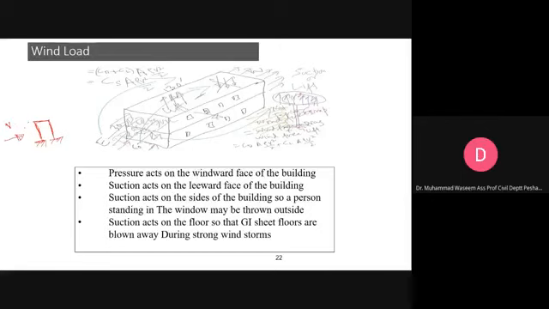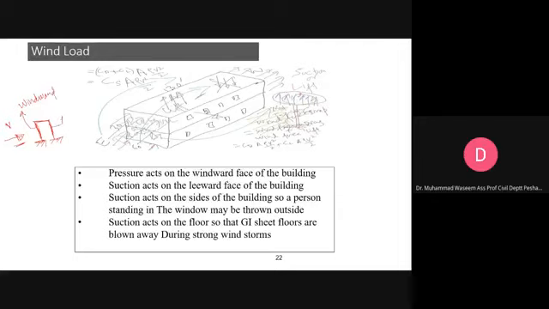And what will it do? The cross section or the dimension is like this. So the direction which is facing the wind, this direction of the building we call the windward side of the building.